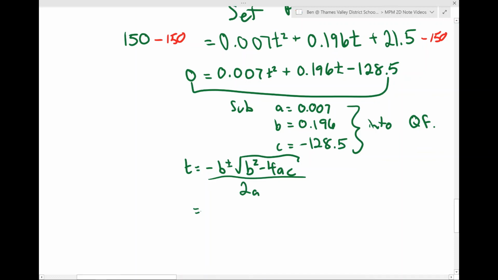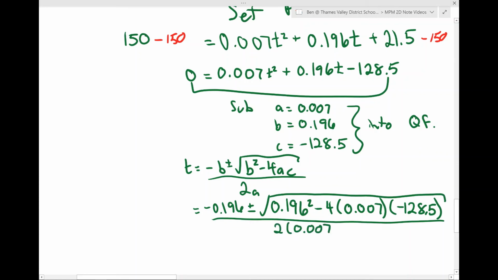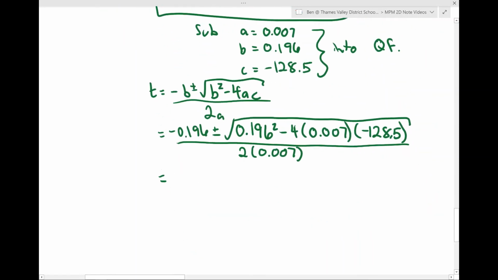That is negative b, so negative 0.196 plus or minus the square root of b squared. We can see this is going to get pretty ugly pretty quickly. Plus or minus the square root of 0.196 squared minus 4 times a, which is 0.007, times c, negative 128.5. That part's beneath the square root. The entire thing is divided by 2 times a, well, a equals 0.007.